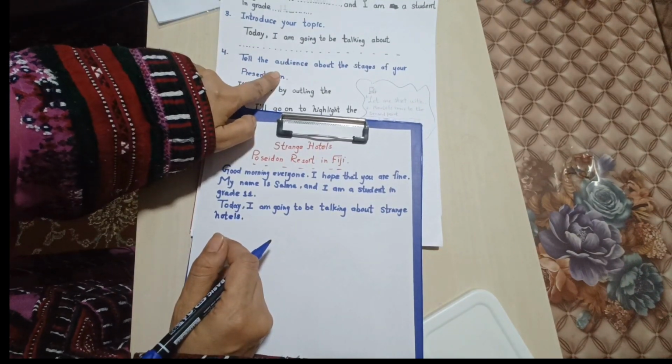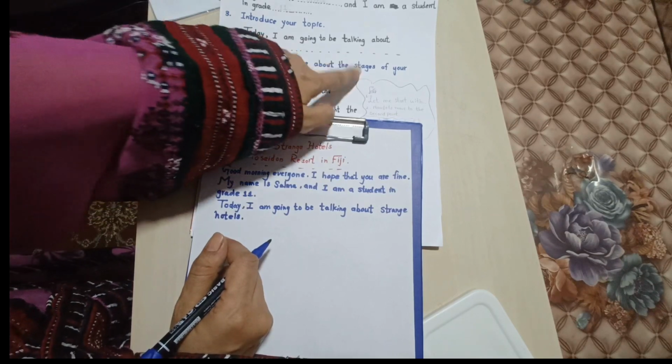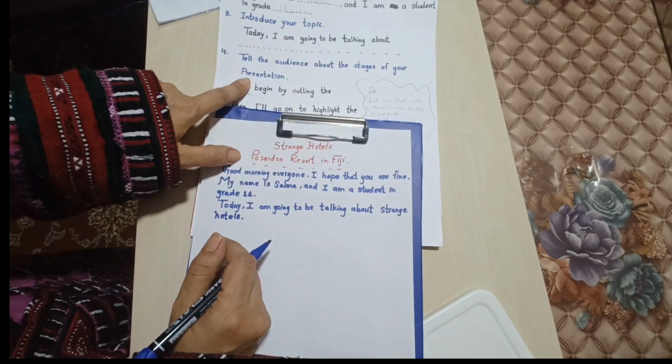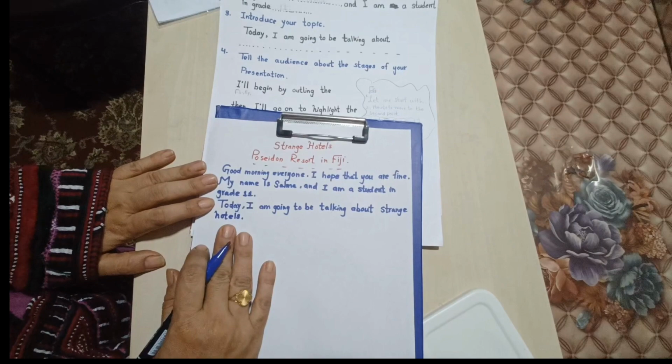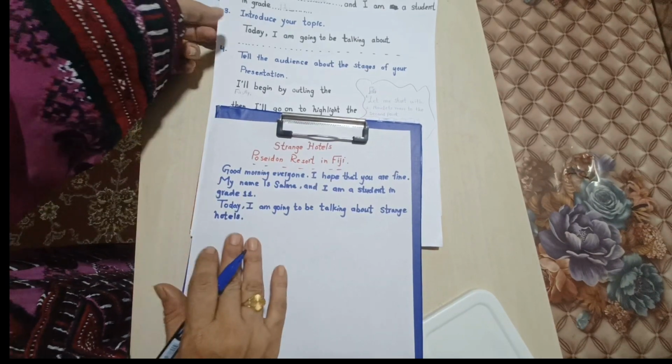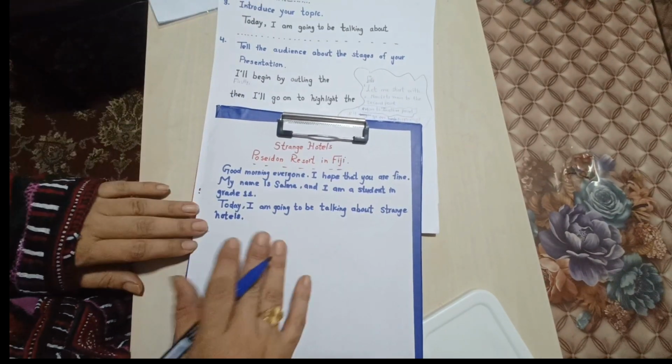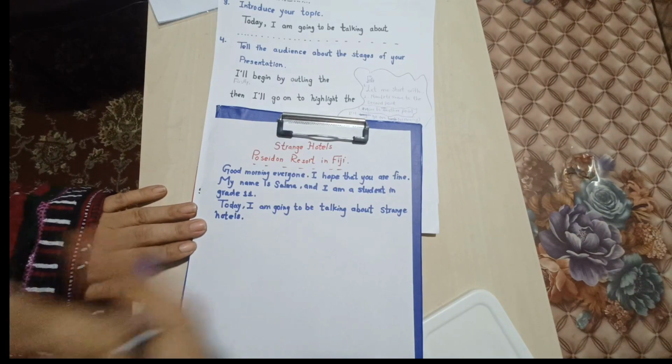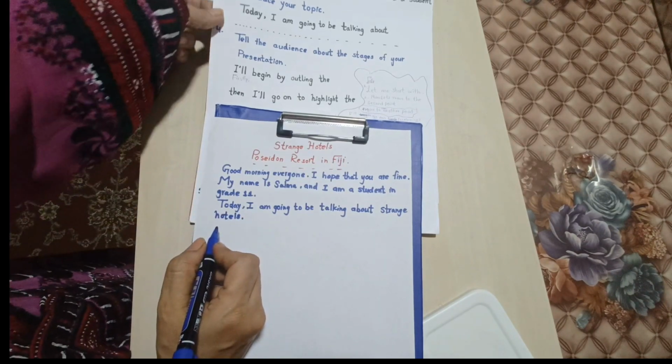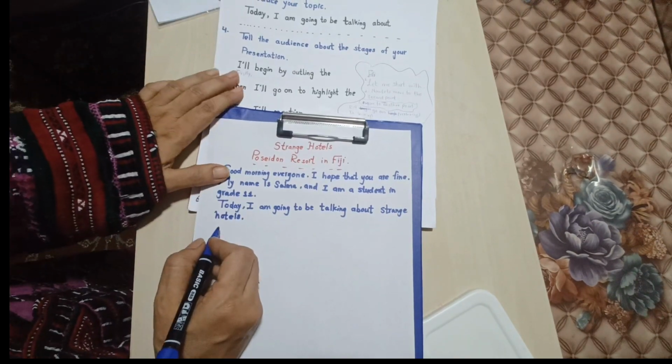Now tell the audience about the stages of your presentation. We have to tell the audience what we are going to say in this presentation, what we are going to share. Here are some notes.